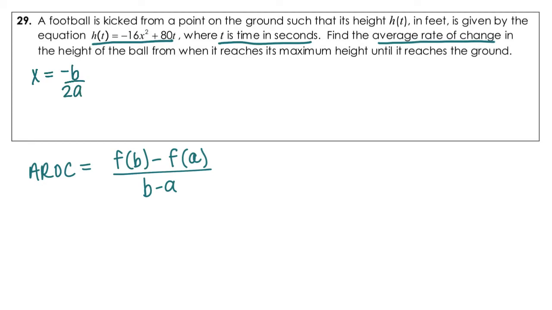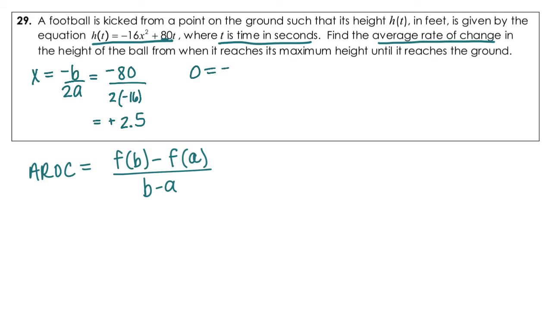Here this is your b value, so negative 80 over 2 times negative 16. That's going to give you positive 2.5.